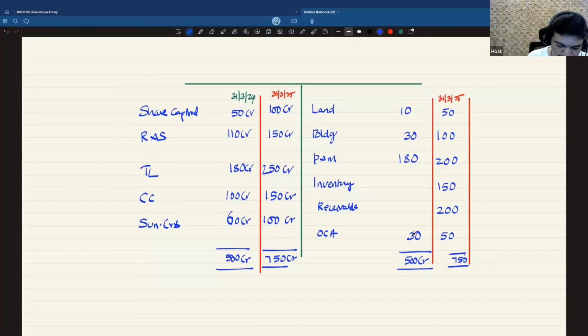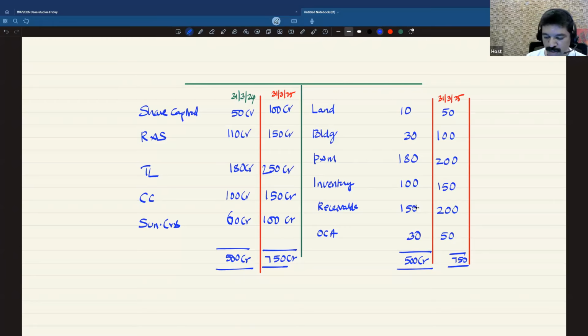So 280 minus 30, you get 250 crore. And that 250 crore, we'll put it like this. It was like 100 crore, 150 crore. Okay, so let me just check the arithmetical part. It is 10 crore of land plus 30 crore of building plus 180 crore of plant and machinery plus 100 crore of inventory plus 150 crore of receivable and 30 crore of other current asset.